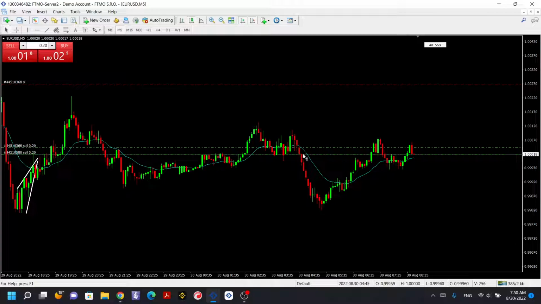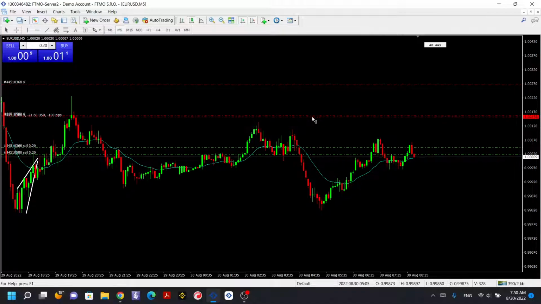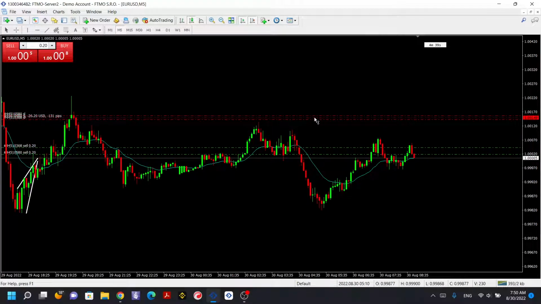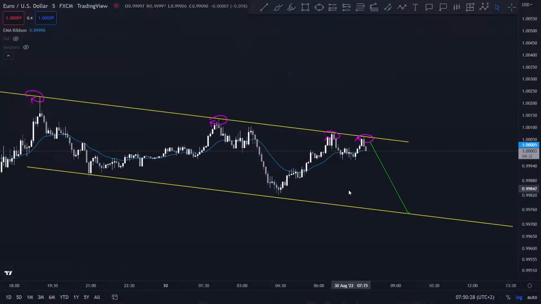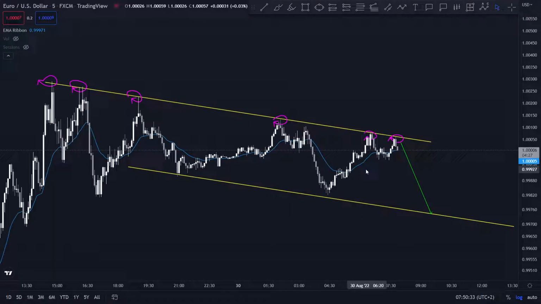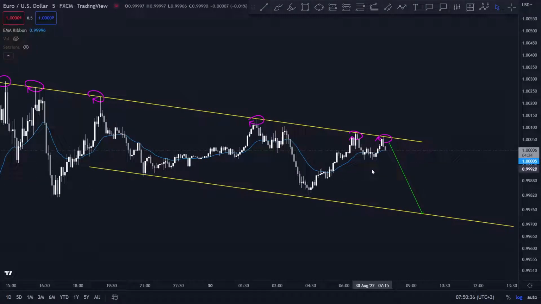Short again here. $20 and $25. This is my 45 risk. I have a stop in this area. My hope is this is coming down here.